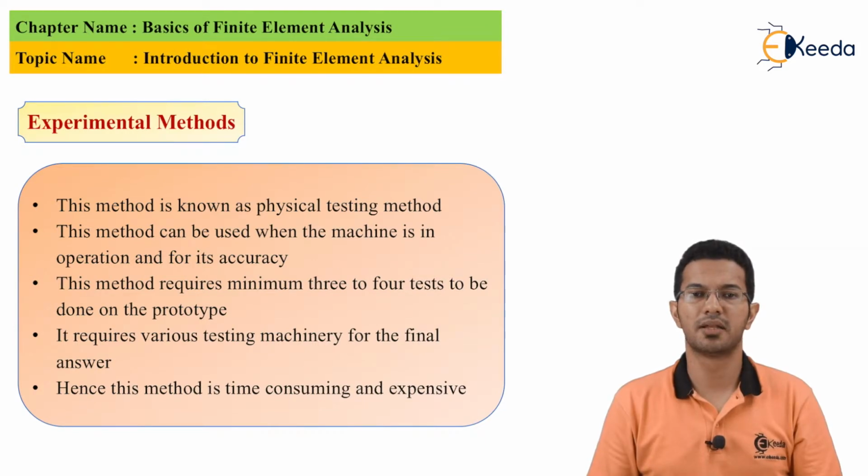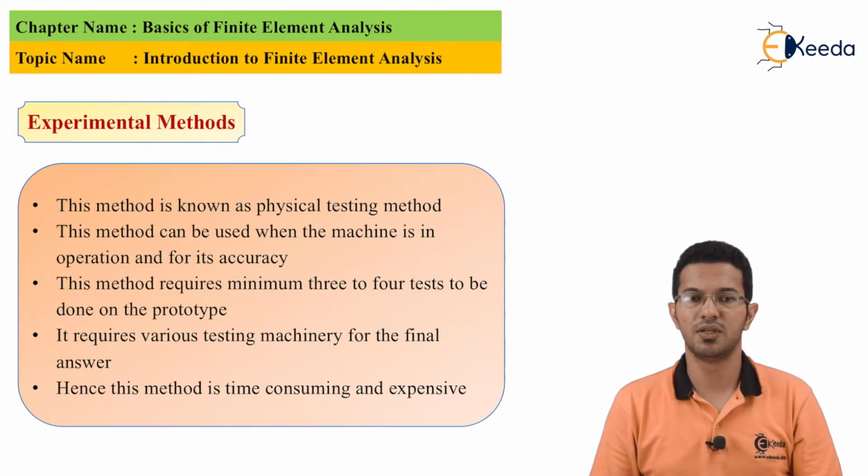An experimental method is also called a physical testing method. It is called a testing method because it involves various experiments on the engineering problem or a prototype, either in terms of a machine or a device, in order to get a proper solution. One major advantage of this method is that it can be used when the machine is in operation and need not be stopped in order to find a solution.